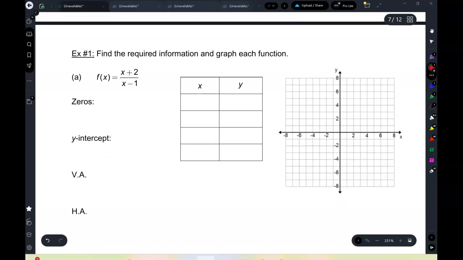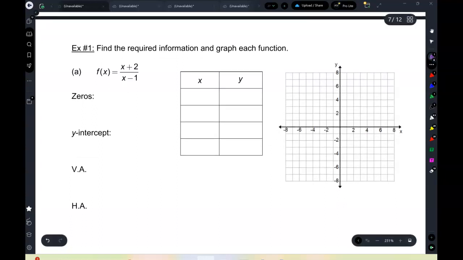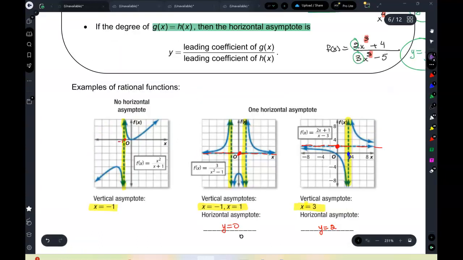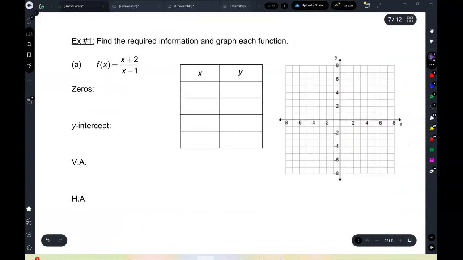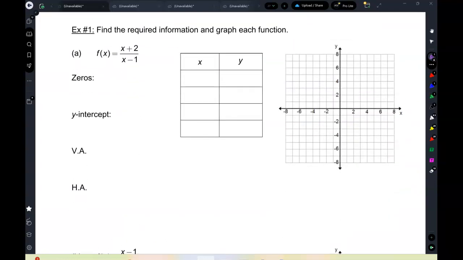Okay, so let's graph this. So first, we have to find the zeros. How do you find zeros? You set the numerator equal to 0. Here, the numerator is x plus 2. X plus 2 equal to 0. X equals -2.